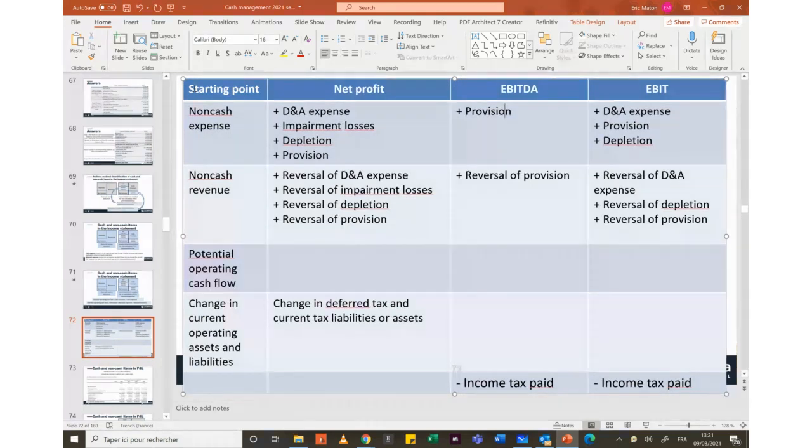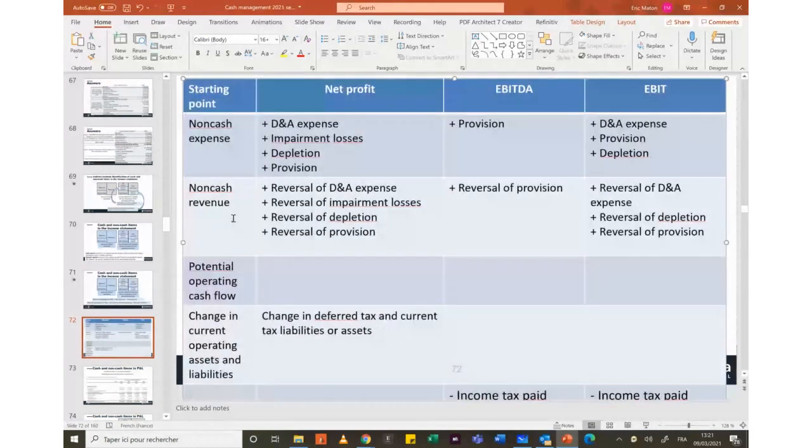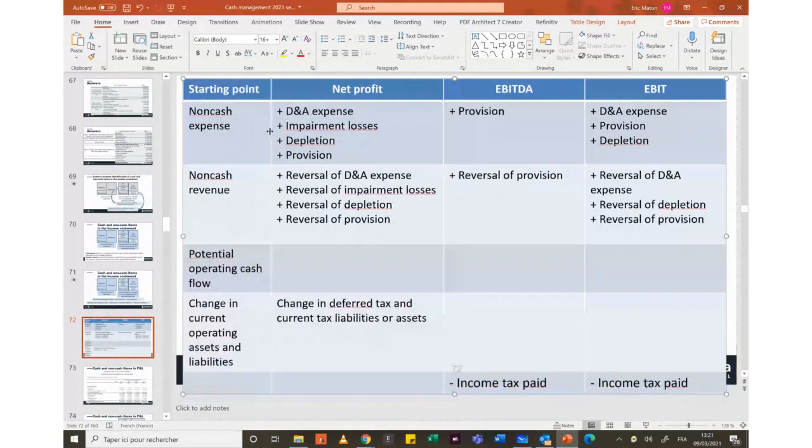Do you start from the net profit? Do you start from the profit before tax? In function of this, you eliminate some expenses, or you include directly what you pay. So here we need also the change in accrued interest payable, change in accrued interest receivable.